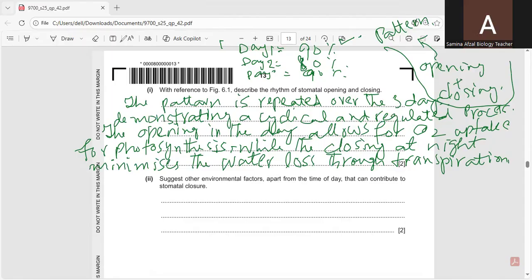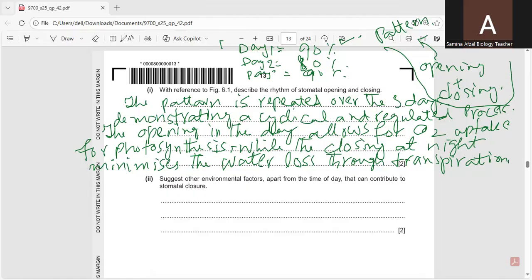And when the day is passing on, in the evening, the percentage of opening is decreasing, and when there is no light at 24 hours, the stomata are completely closed, which shows that there is darkness and no process of photosynthesis taking place at that time. So this is the cyclic process which takes place in 24 hours.